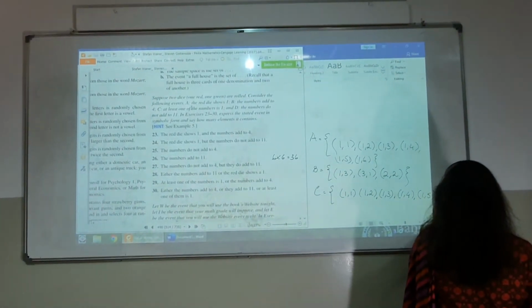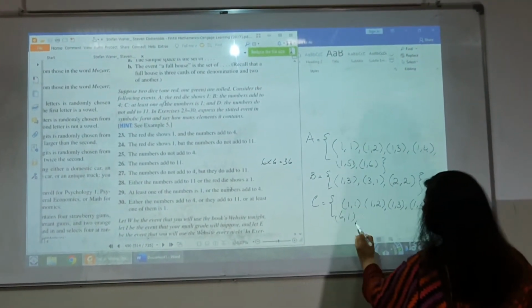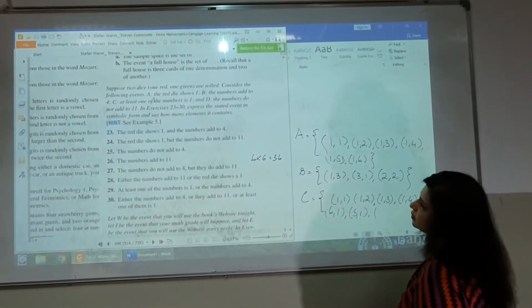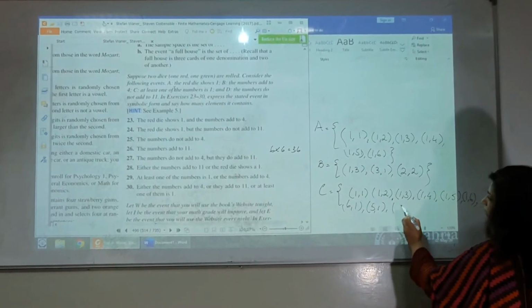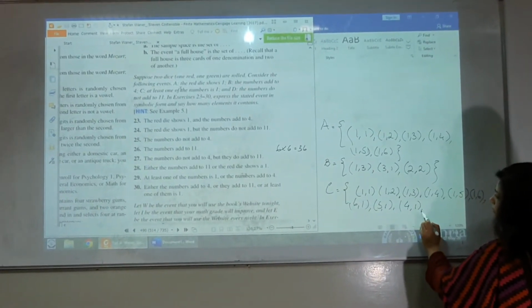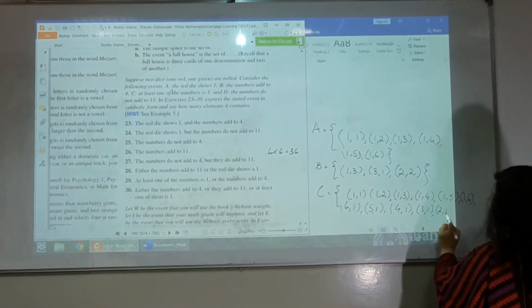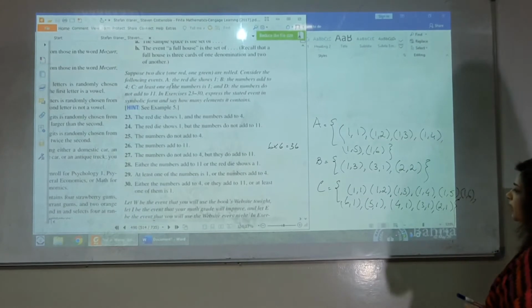I can have 1,6 here. Then I can have 6,1, 5,1, because they say that at least one of the numbers is 1. So 5,1, 4,1, 3,1, 2,1, and 1,1 we have already written, so you can just see how many possibilities that will come.